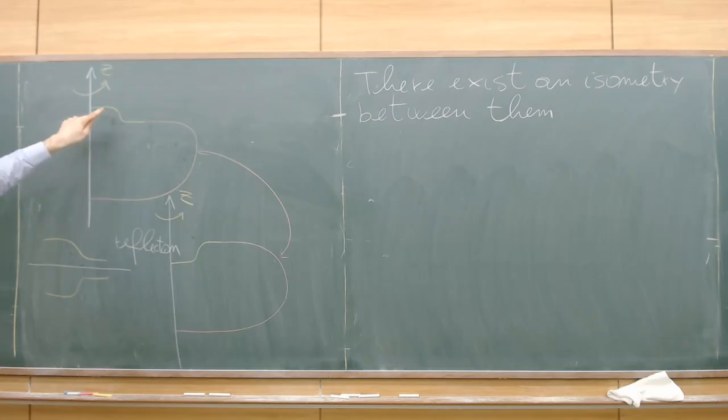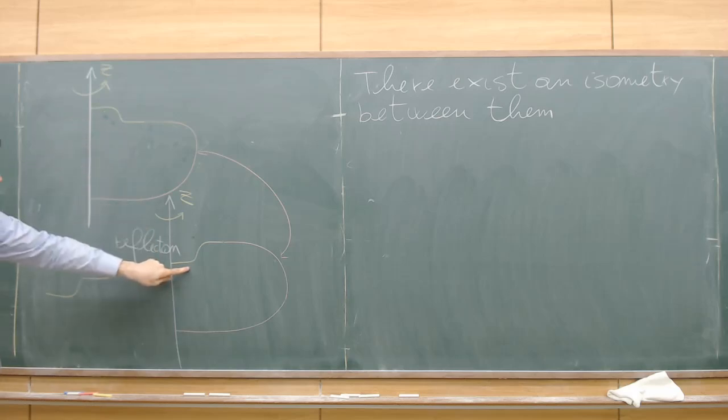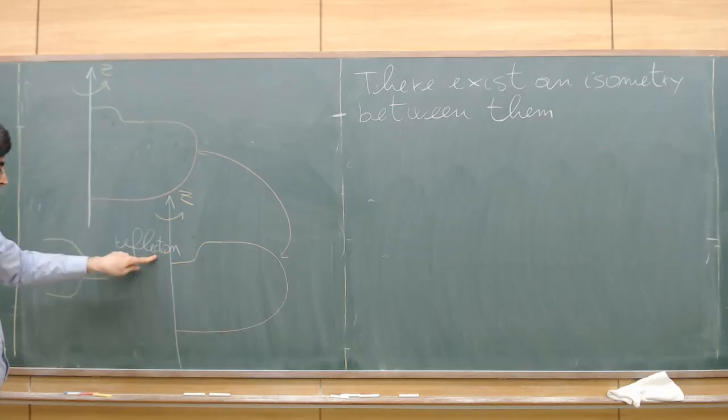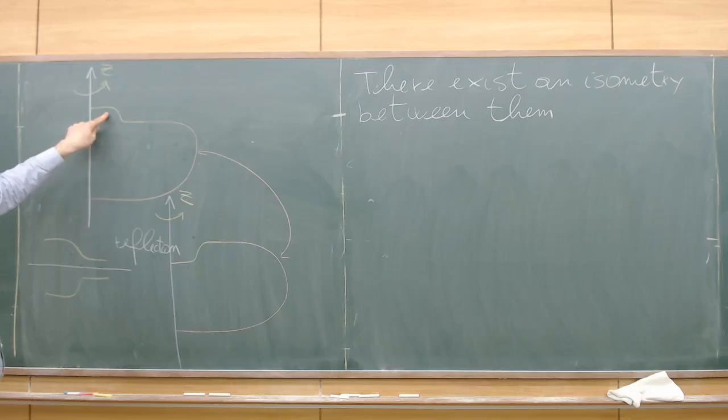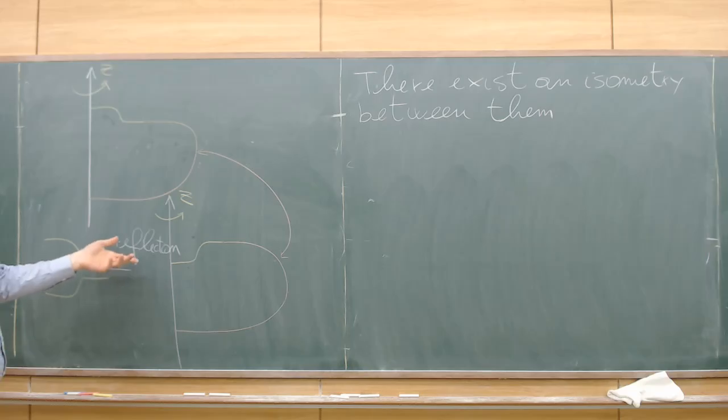Why? Because the yellow part of this surface can be obtained by reflection from the yellow part of the first surface, and what you get is a rigid motion.